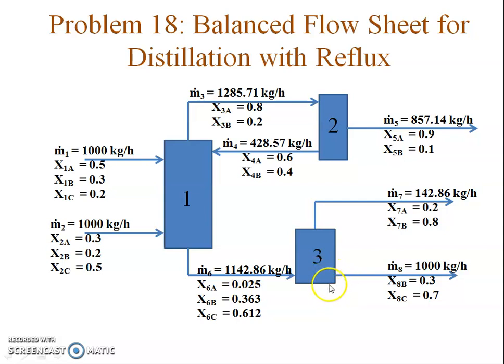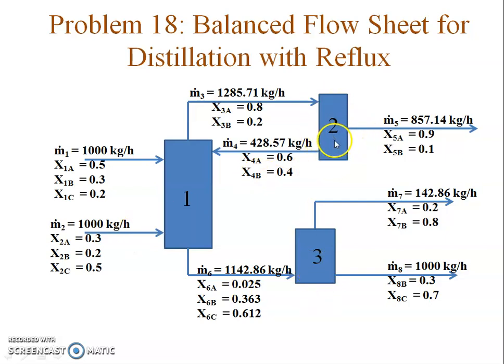So what you do, again I will emphasize, first of all, we had taken the overall balance because the degree of freedom was 0 in the entire system, and calculated M5, M7 and M8. Then we again checked our degree of freedom on unit 1, 2 and 3.